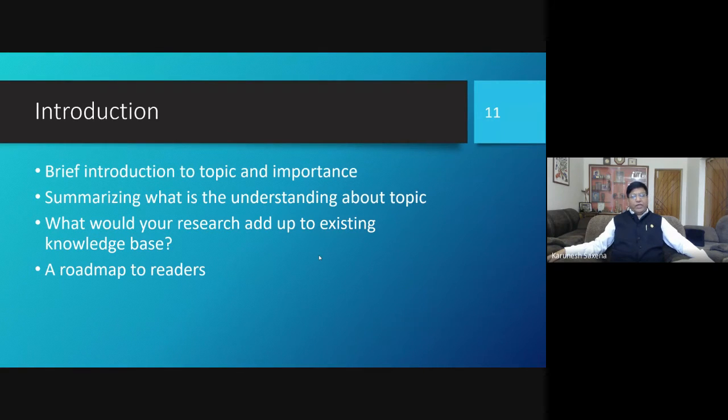Also, you need to develop an overview, a macro view, of the research problem. It also provides a roadmap to the reader, because in the last paragraph of the introduction you highlight what other sections will follow in this research paper, so the reader gets an idea of what to expect in subsequent sections.